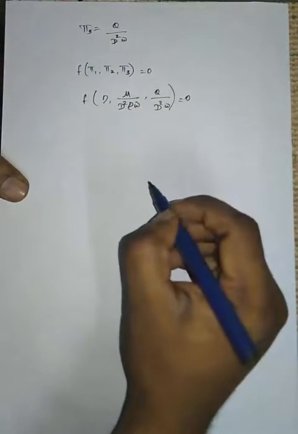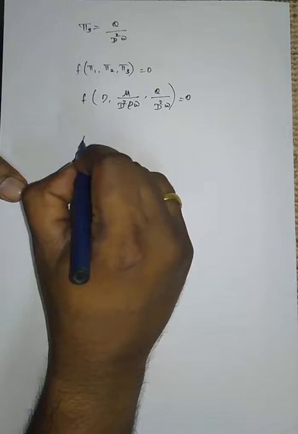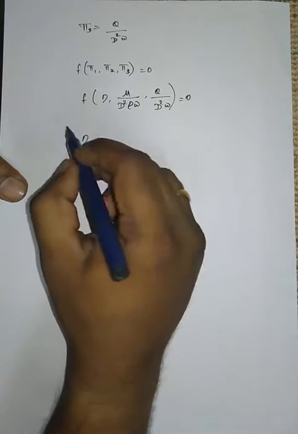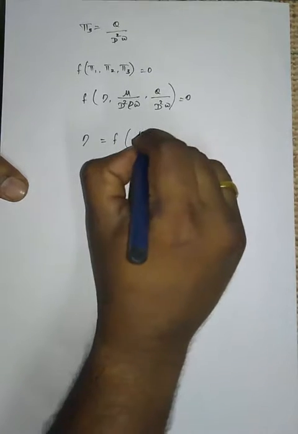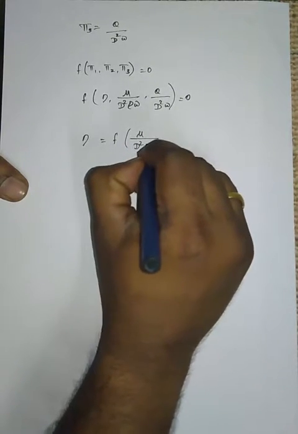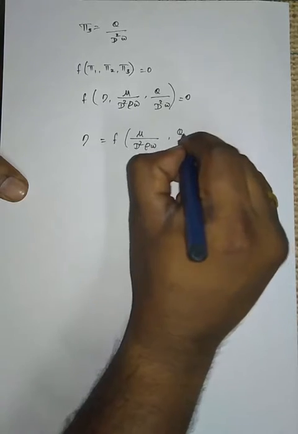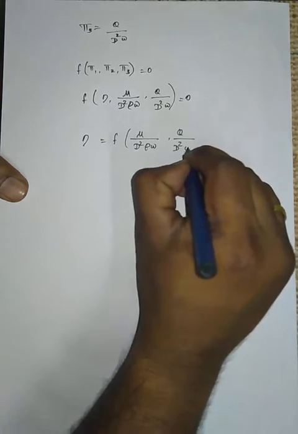In the problem you are asked to find out the efficiency, so you take the efficiency outside. So efficiency will be a function of mu by d squared rho omega, and q divided by d squared omega. That's all.